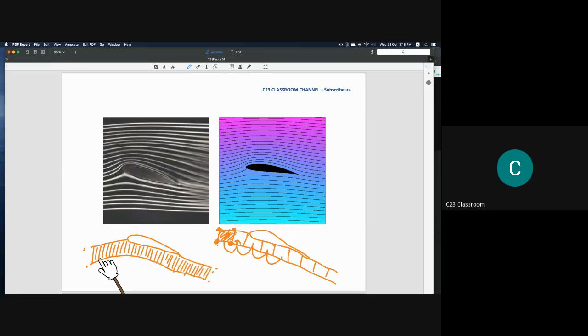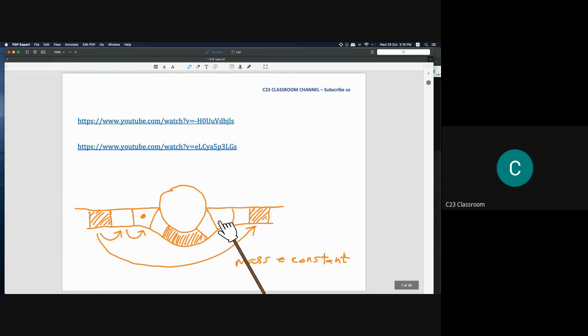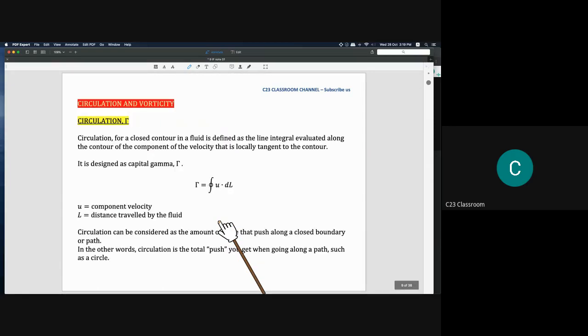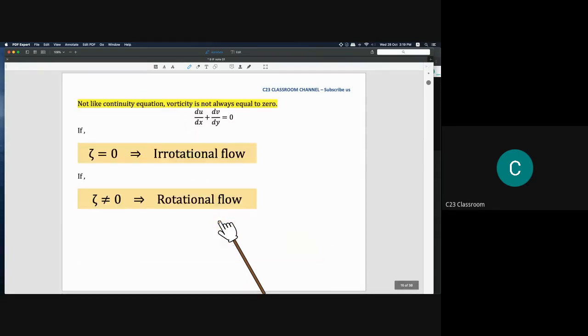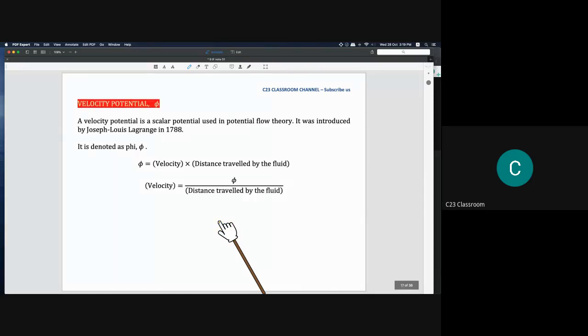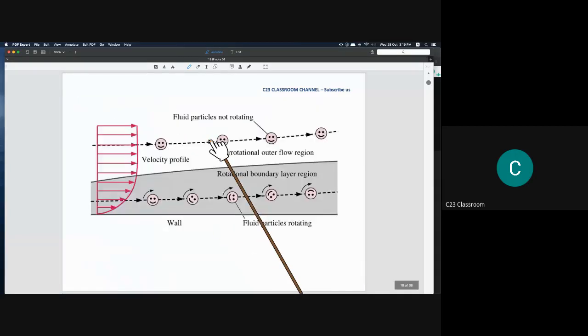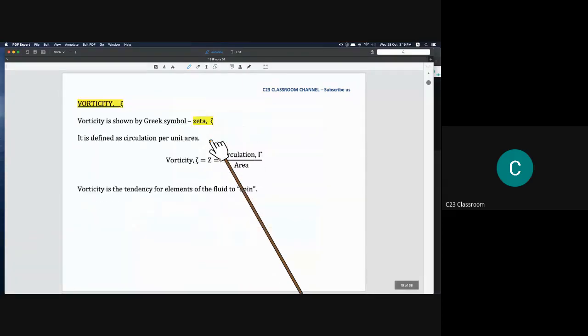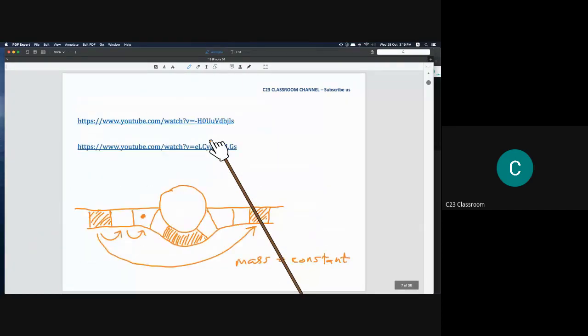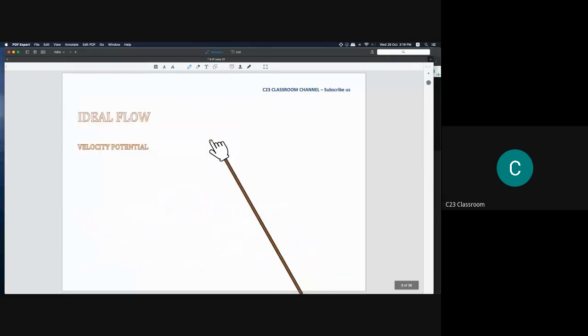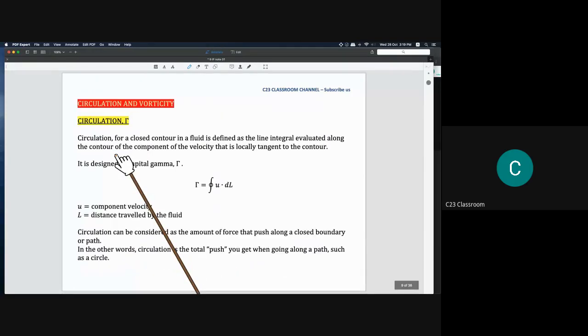To meet this purpose, the scientists previously gave us the idea of phi, the velocity potential. But before that, I need to explain why we have a velocity potential here.